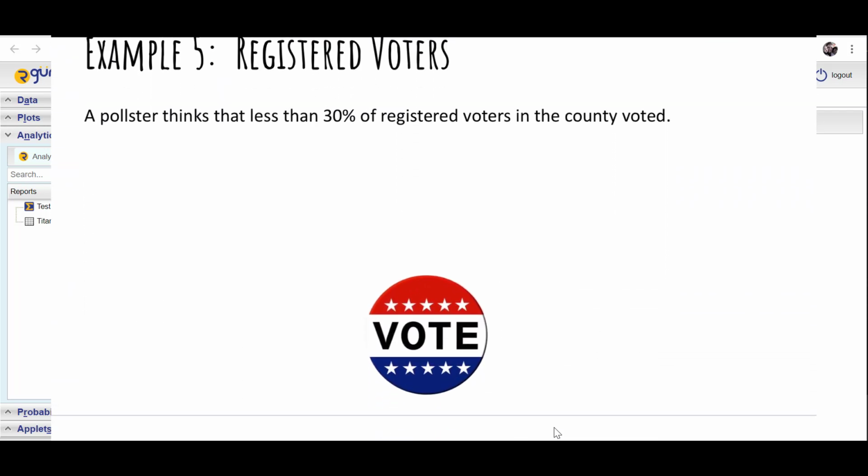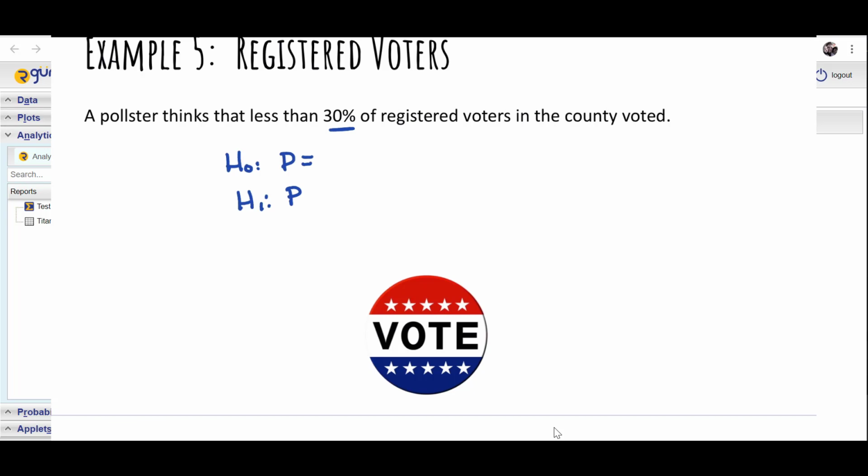All right, a pollster thinks that less than 30% of registered voters in the county voted. So, null, alternate. We are not testing a mean here. They're talking about percentages. We're testing a proportion. So we're going to use a p. Remember, the null is always equal.